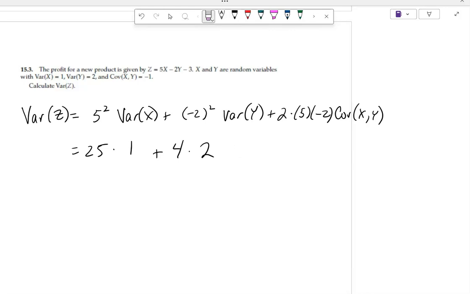The covariance of x and y is -1. I think I did all that right. You get 53 when I'm done? Okay. All right. So that finishes off that section.